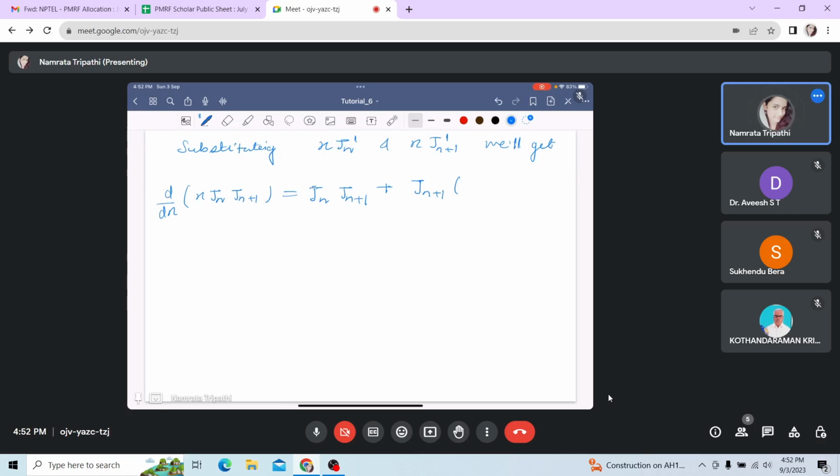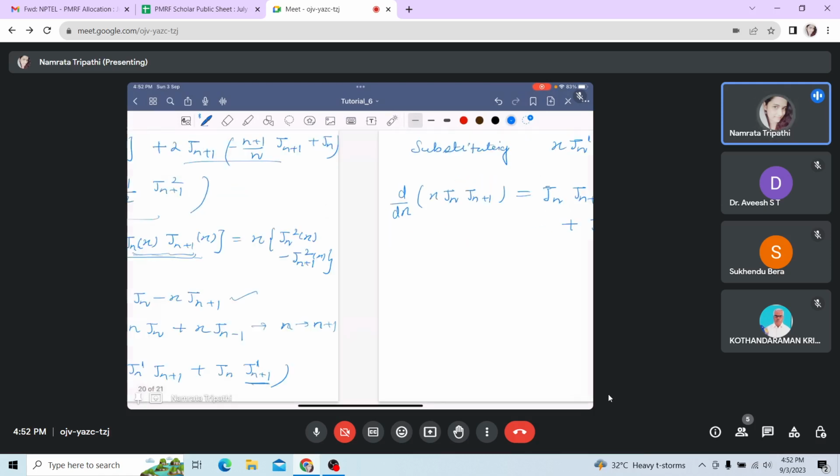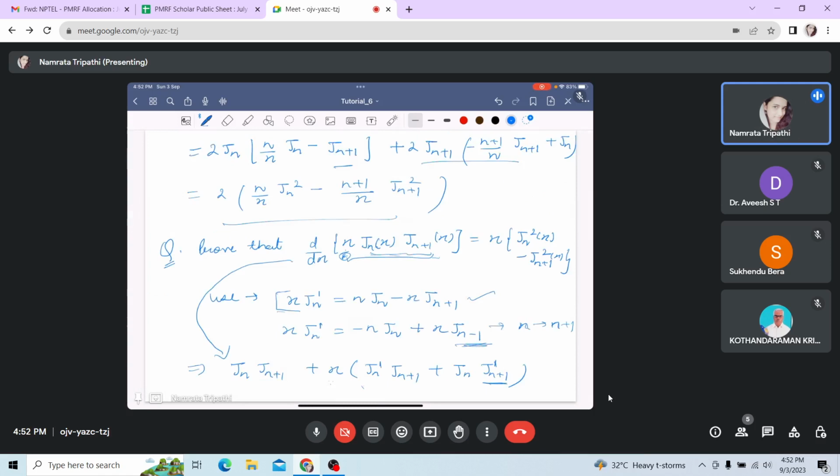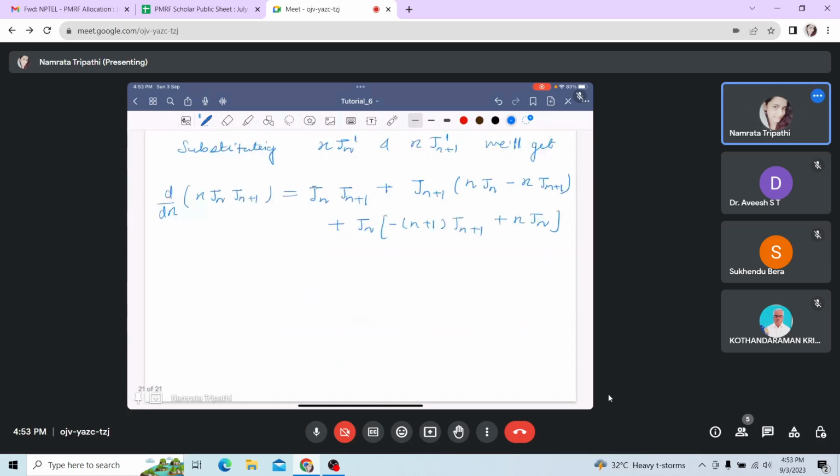The value of x zn dash is n zn minus x zn plus 1 plus zn. The value of x zn plus 1 is, you have to replace n with n plus 1 in this expression, then you will get the expression x zn plus 1 dash, and I am substituting the value of x zn plus 1 dash.